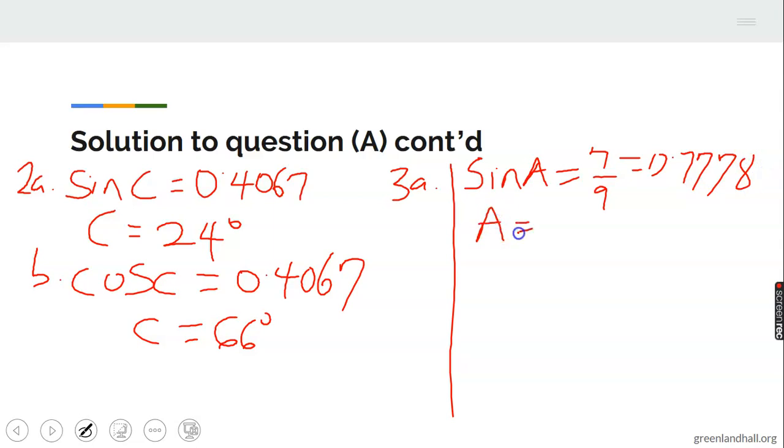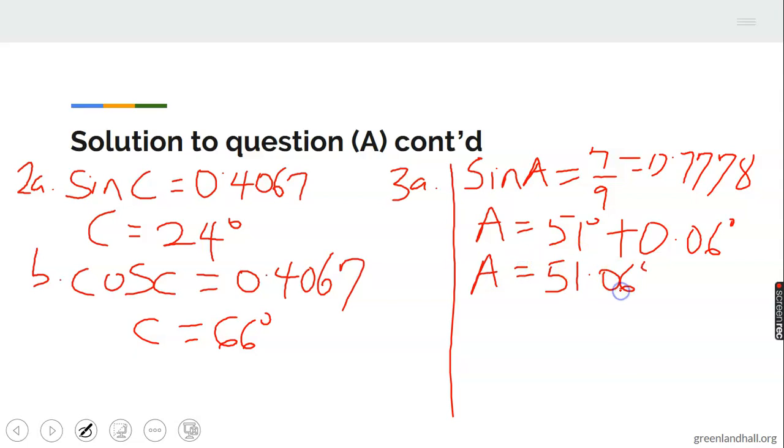You will not see 0.778 exactly, but you see what is closer, which is 0.771, under 51 degrees. When you subtract 0.771 from 0.778, you have 7. You go and check the difference of 7 under 6 in the difference table, and that will be plus 0.06 degrees, which gives you 51.06 degrees.